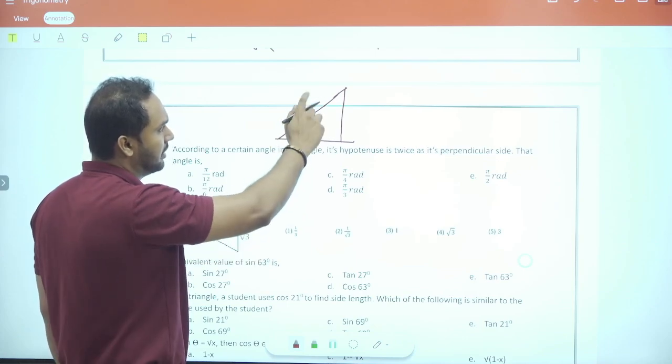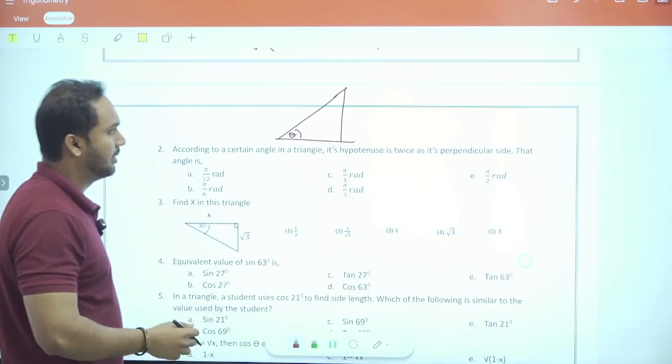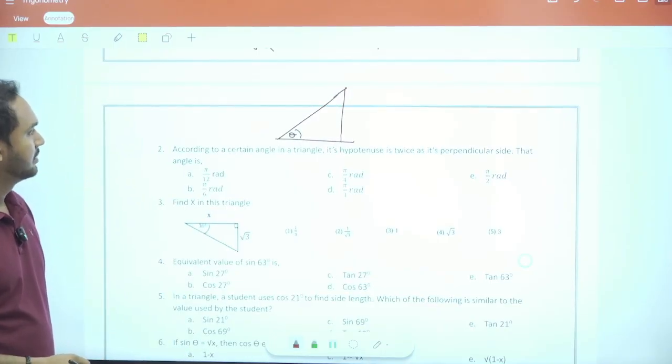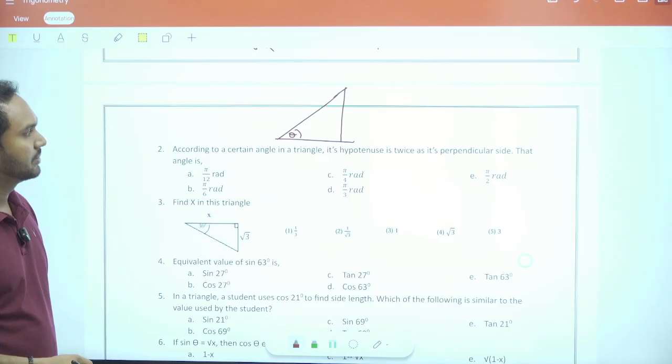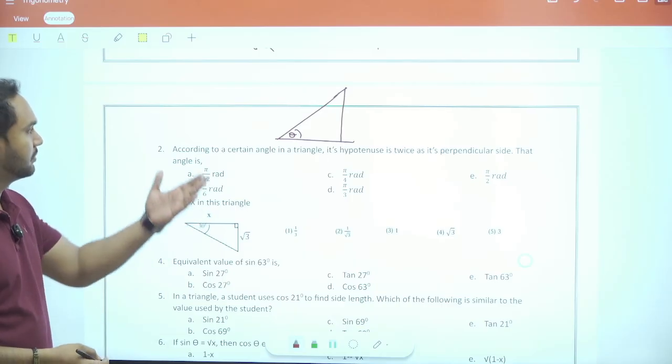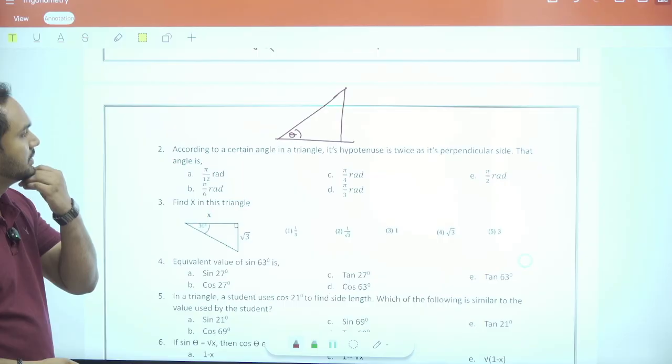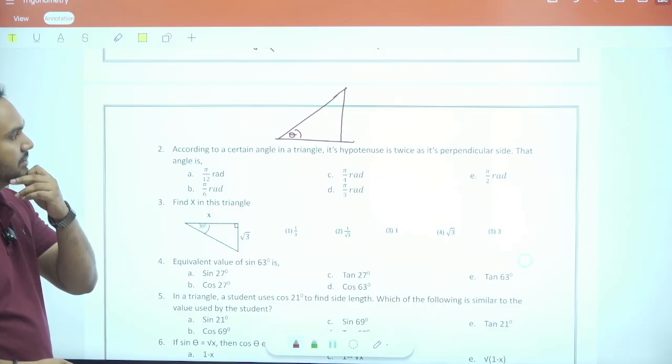If the hypotenuse is twice its perpendicular side, then two of the perpendicular sides are there.